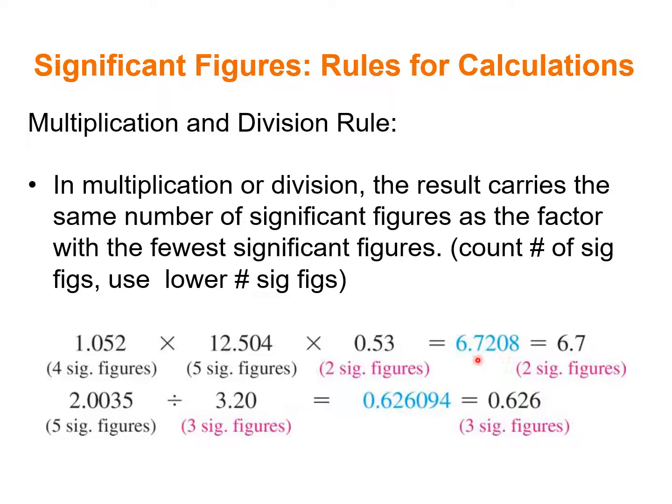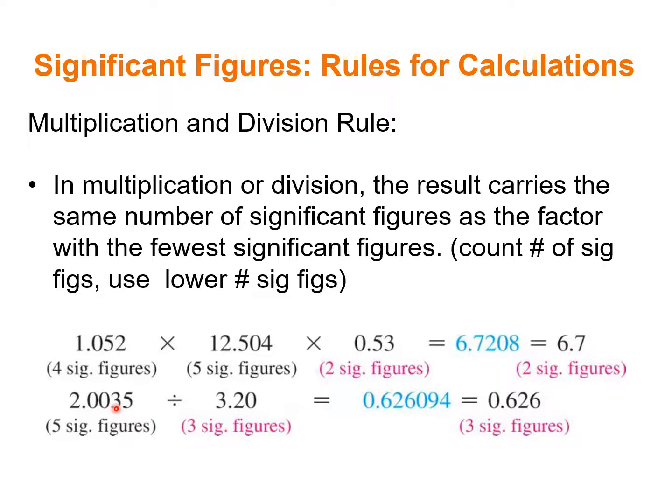It looks as if it's got 1, 2, 3, 4, 5 significant figures. But that's not what the educated person is going to write down for their final answer, because they're going to look at the number and say, 2 significant figures. This is the least number of significant figures. My answer can only have 2 significant figures, so I end up with 6.7 for my final answer.